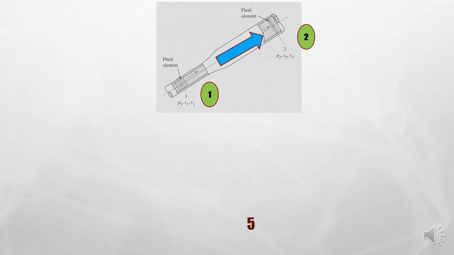Now if we look at the diagram here, for example, we intend to move fluid from section 1 to section 2. This is point 1 or section 1, and this is section 2. If we intend to move this liquid between these two different points, what are the energies involved here?